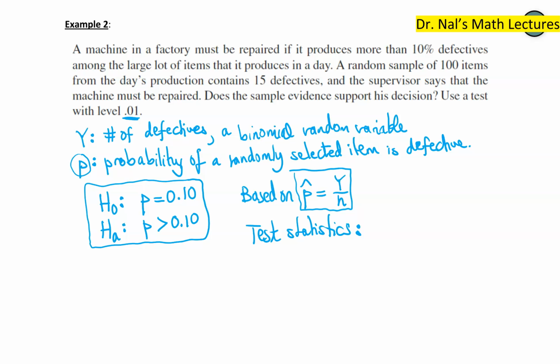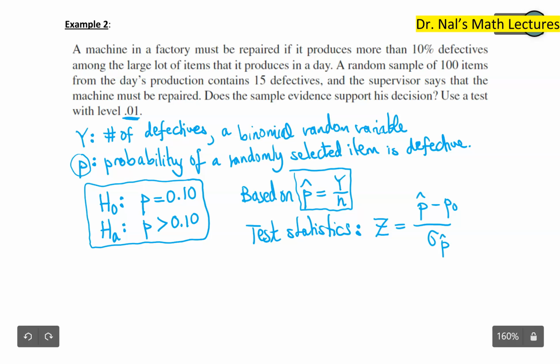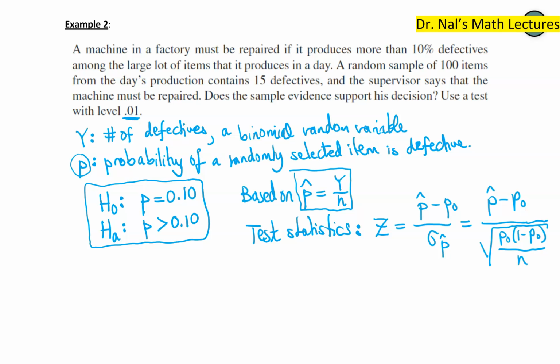The test statistic in that case would be z equals p hat minus p0 divided by sigma of p hat. As you may remember from our earlier videos, for the standard deviation we can use the square root of p0 times 1 minus p0, all divided by n. You need to check your notes to remember that, but this is standard.